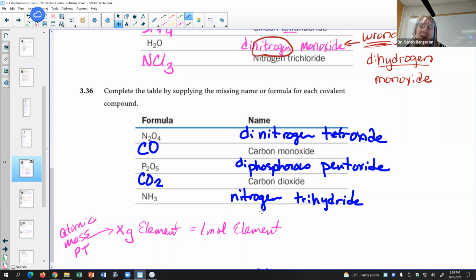I see a lot of people say nitrogen trihydrogen. Is that right? Now you got to make sure that that end is ending in IDE. Anybody know the common term for nitrogen trihydride? Ammonia. Ammonia.